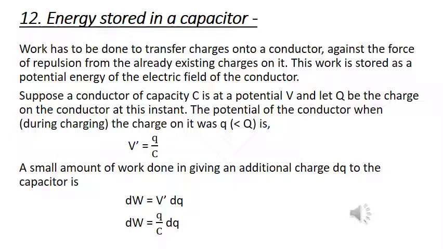Now, suppose a conductor of capacity C is at a potential V and let Q be the charge on the conductor at this instant. The potential of the conductor when the charge on it is small q, which is less than the total amount of charge that can be given to the conductor, is given by V dash is equal to q by C. Here in this case, the capacitor is not fully charged.